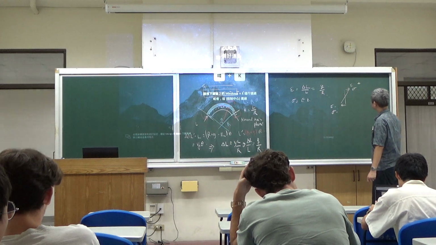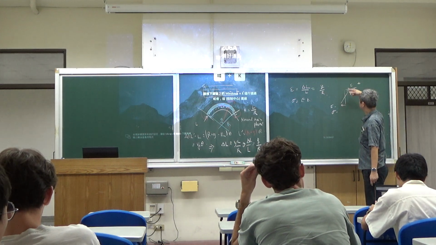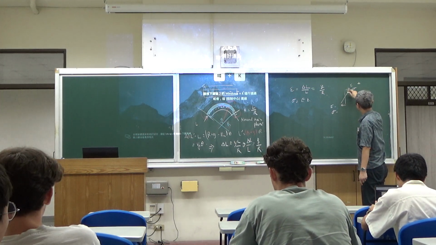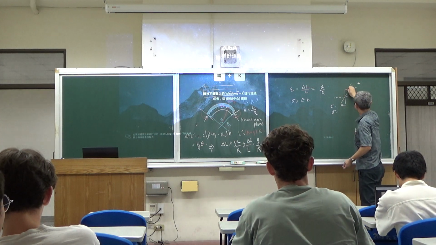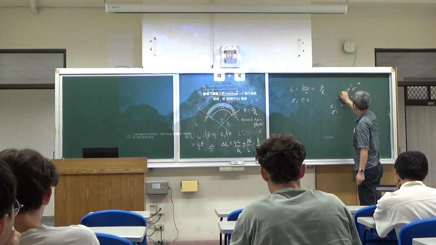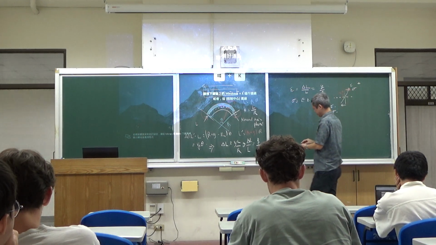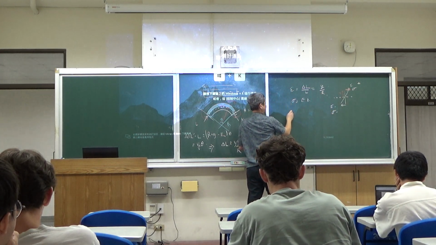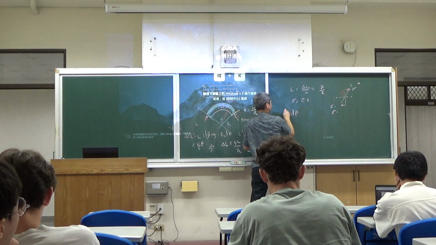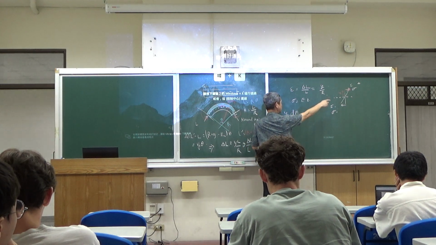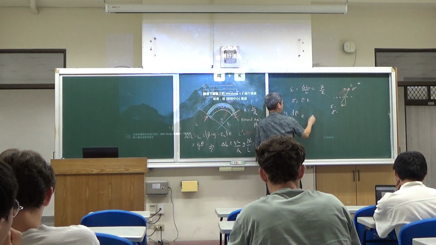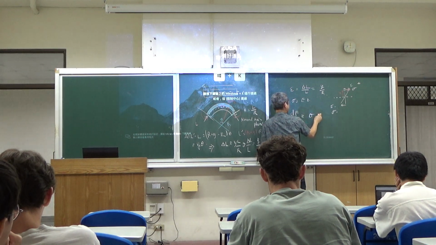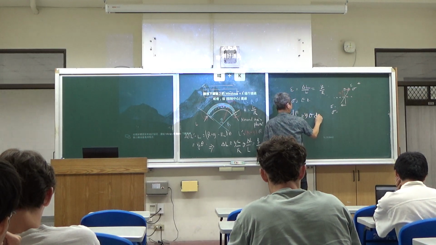To find out the total moment, take this tension force times y. This small tension force, dF, times y is equal to the stress times the small height.